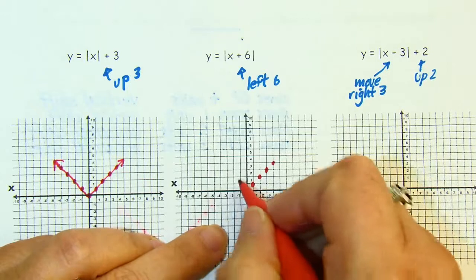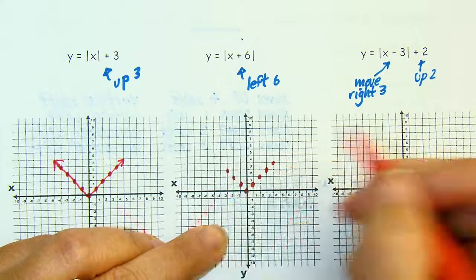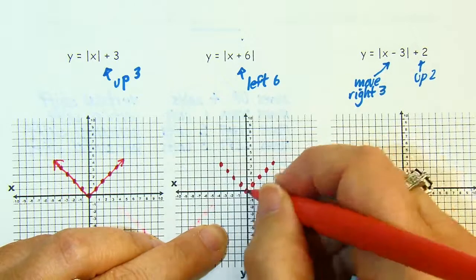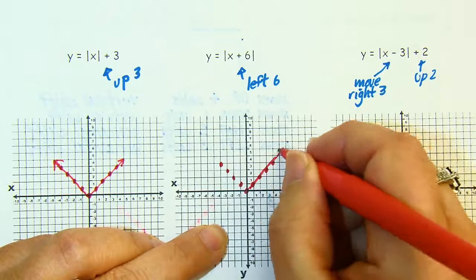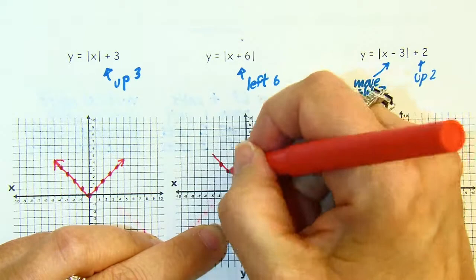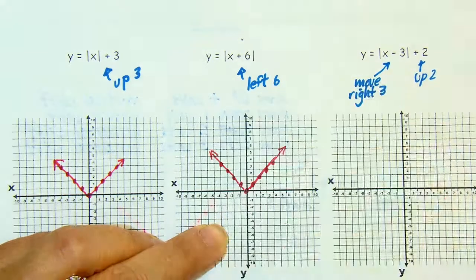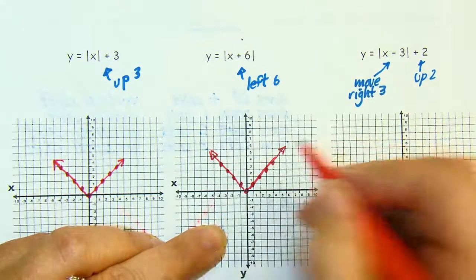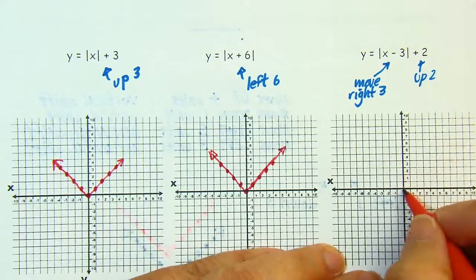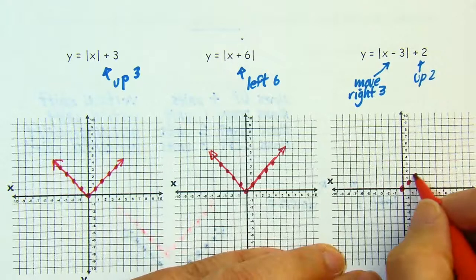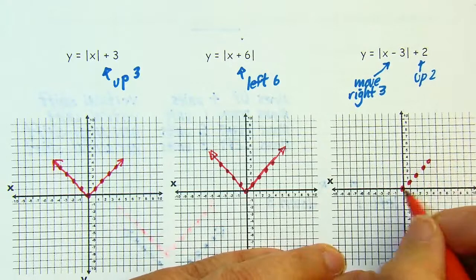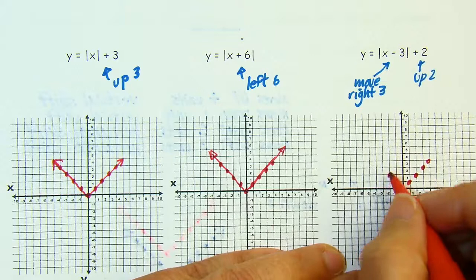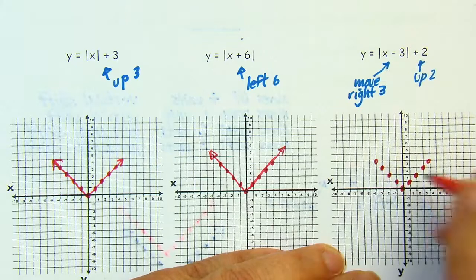I want to see the parent function. It probably would be beneficial if you had some highlighters or colored pencils to make your graphs of the parent function look nicer. You could differentiate it from the transformed function.